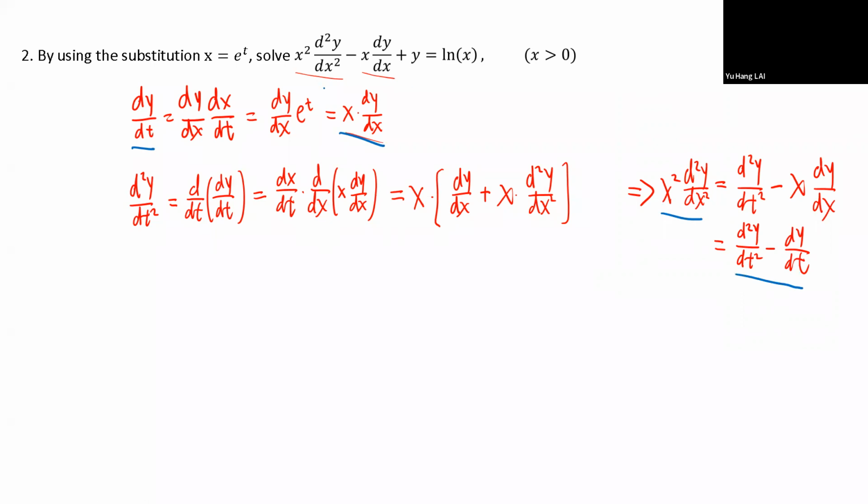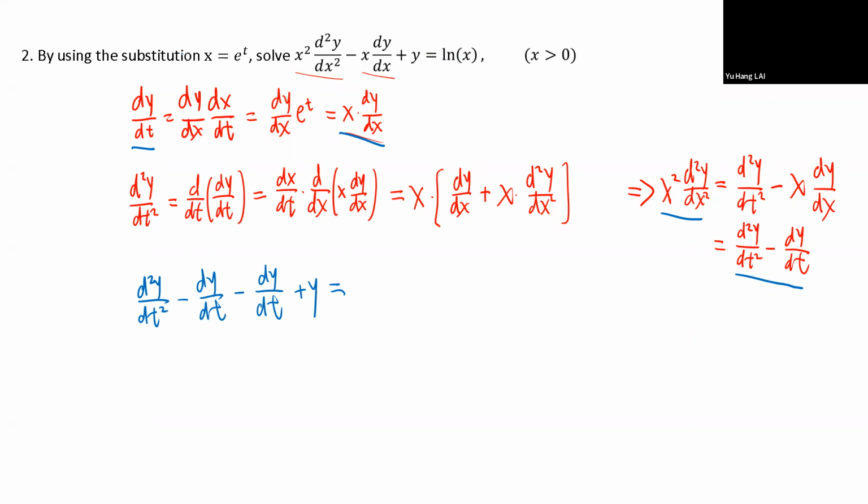So then the left hand side of this equation will be converted to this. So the left hand side of the equation is now converted to this. And the right hand side, what is the right hand side?